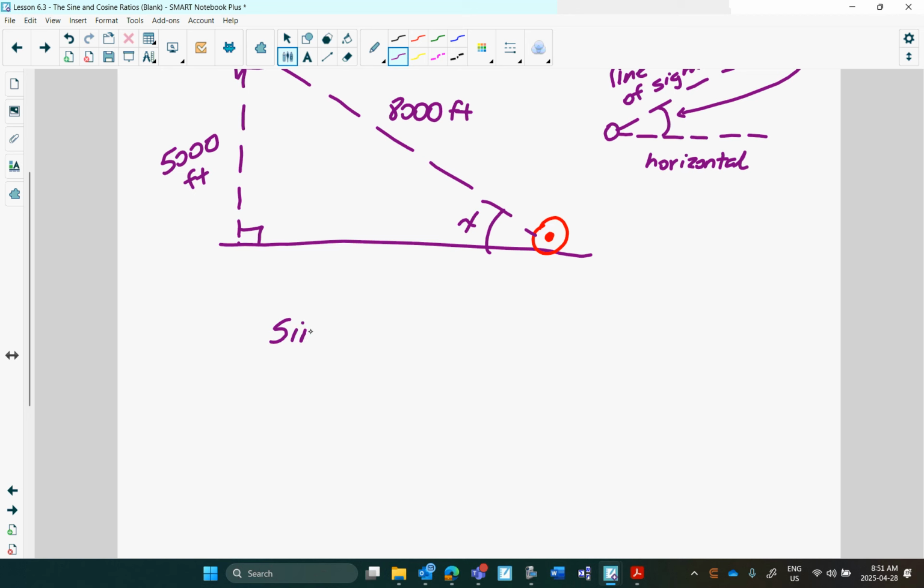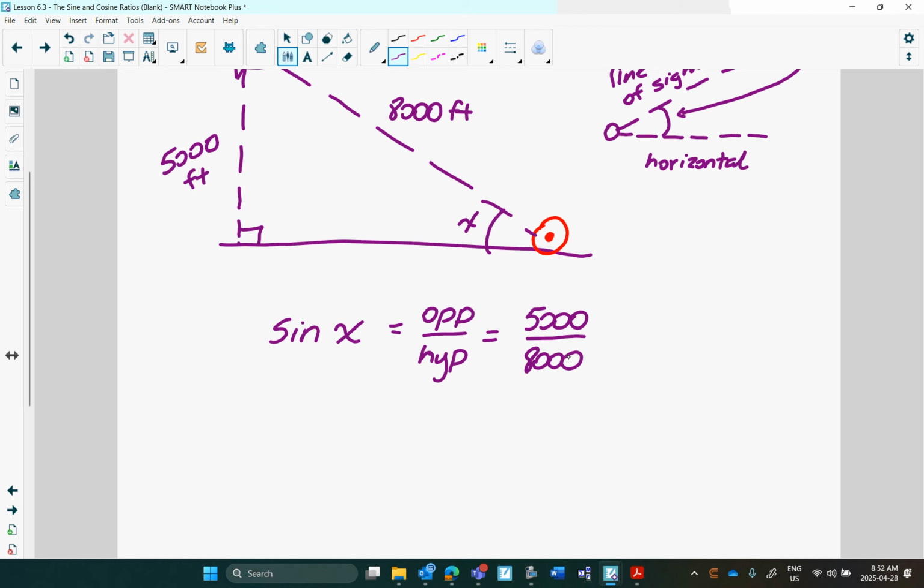So the sine of the angle, which is x, because I don't know, is the opposite over hypotenuse. You don't have to write this part, understand, which in this case is 5,000 over 8,000.